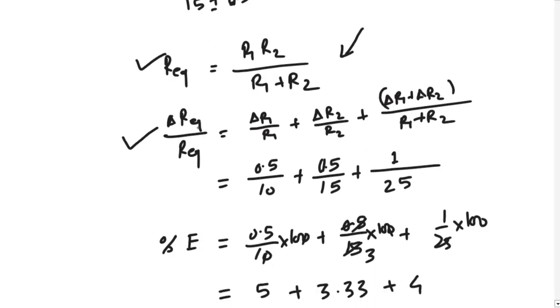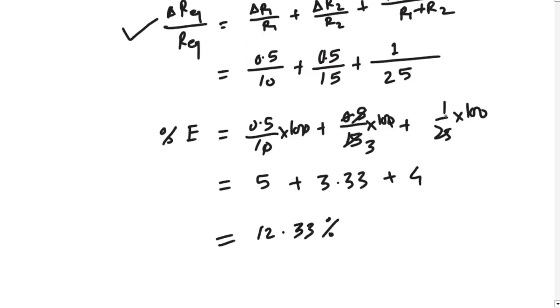Relative error in this equivalent resistance is equal to relative error in R1 plus relative error in R2 plus relative error in R1 plus R2. Sum of absolute errors in R1 plus R2 divided by R1 plus R2. And then after solving this, what answer you get is 12.33%, but that is incorrect answer.